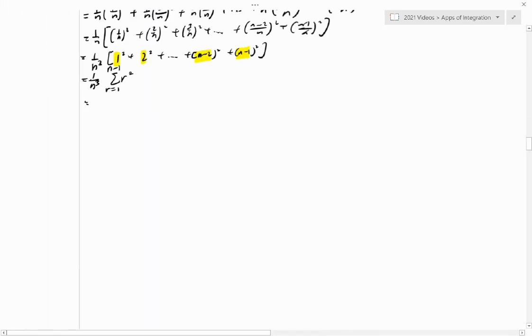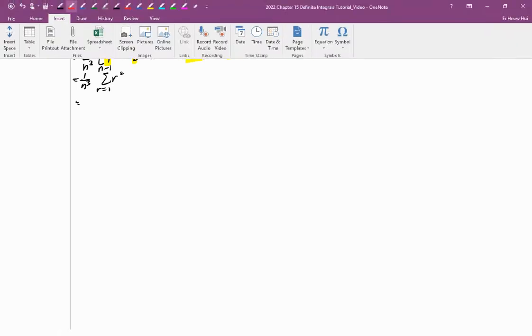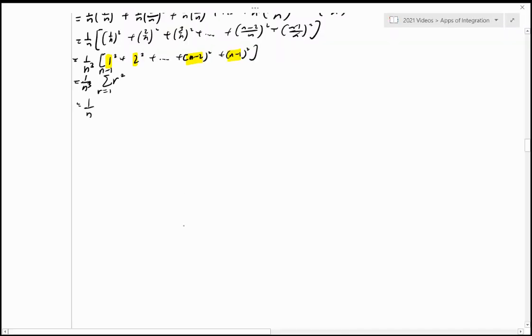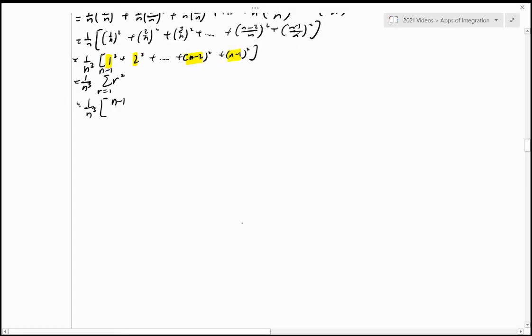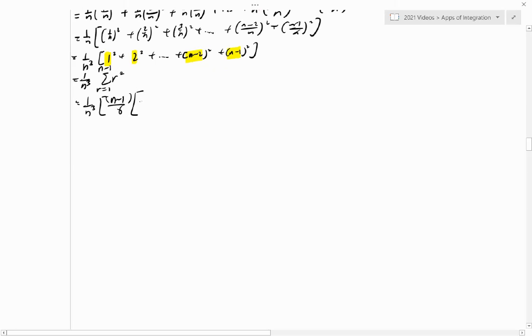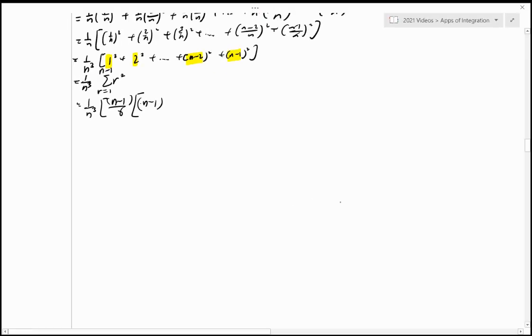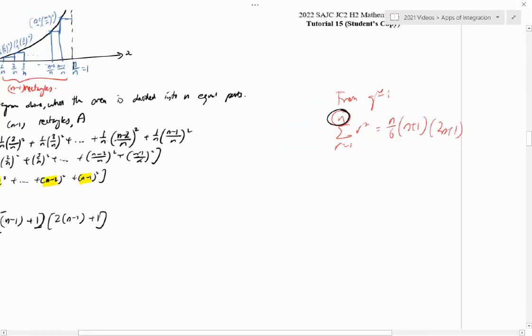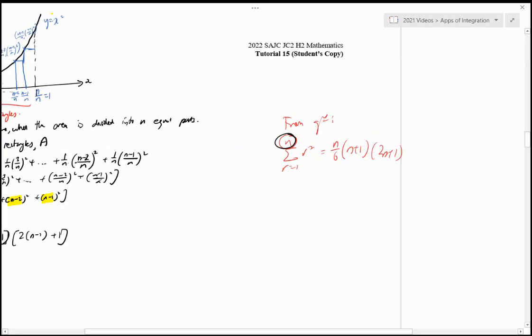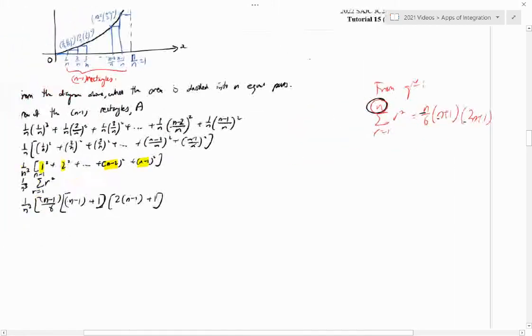So what you have will then therefore be 1 over n cubed times n minus 1 over 6 times n minus 1 plus 1 times 2 times n minus 1 plus 1. Because now it's not n, but n minus 1, so all the n will be replaced by n minus 1.